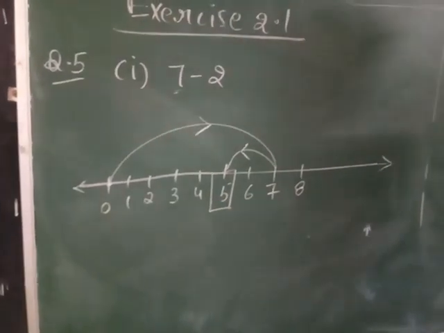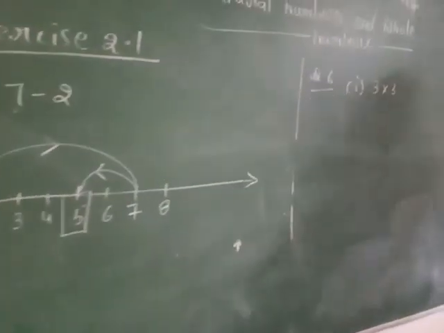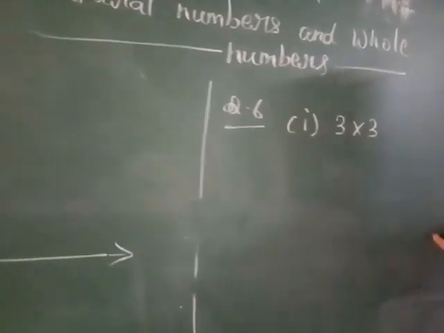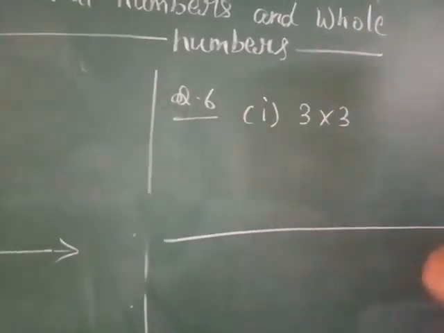Okay. Now in question 6, multiplication should be represented on the number line. Draw a number line.